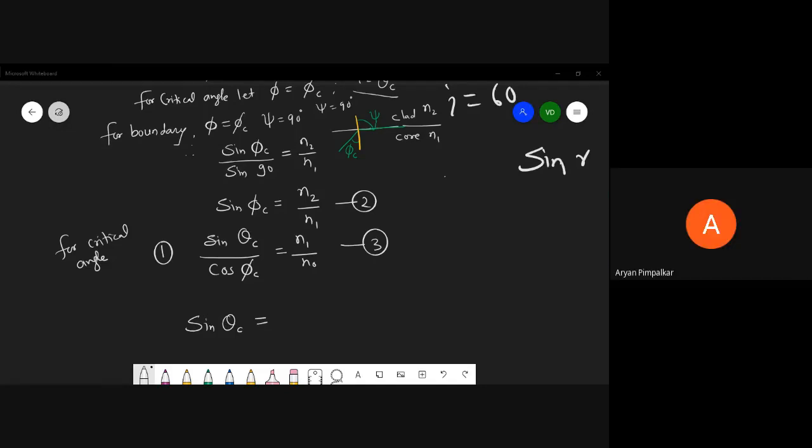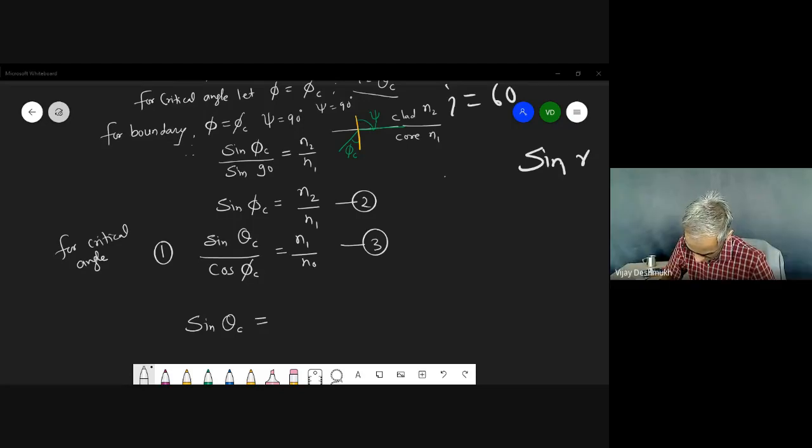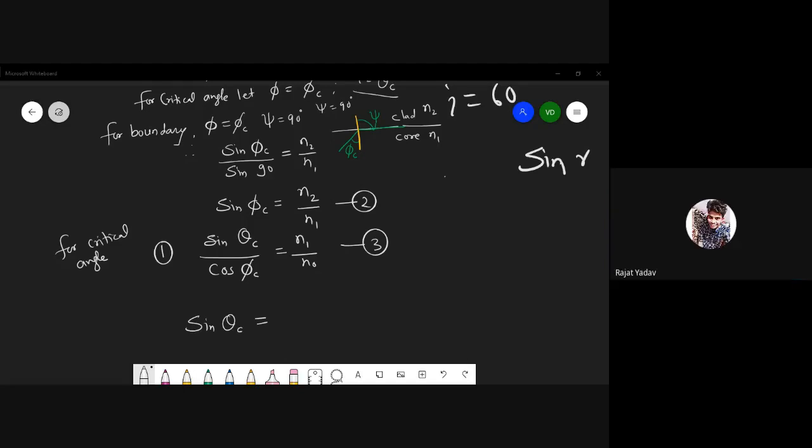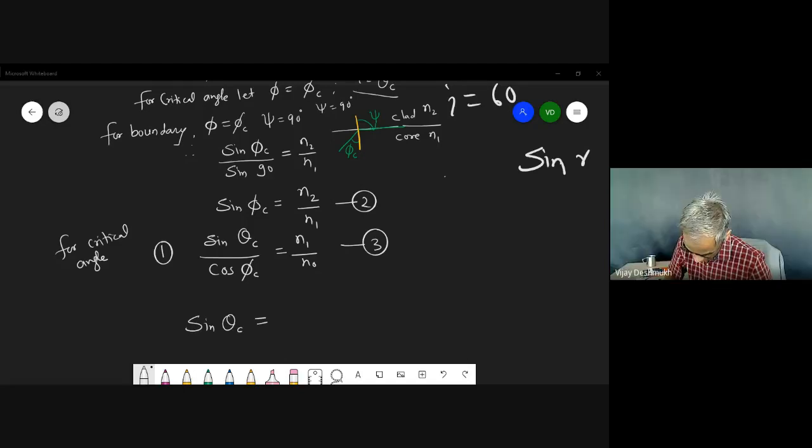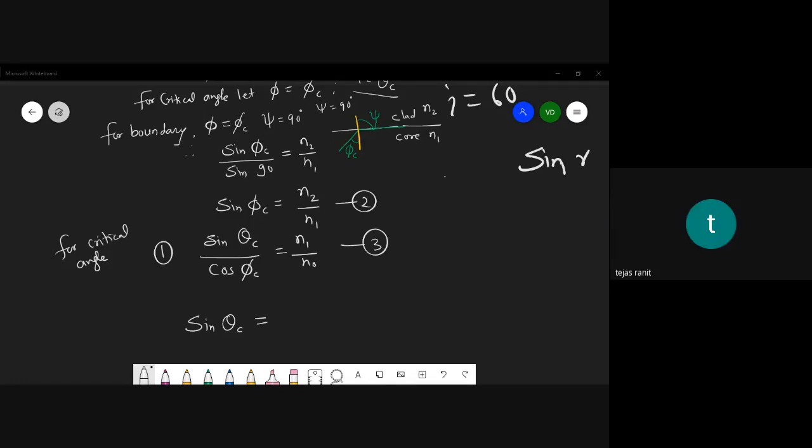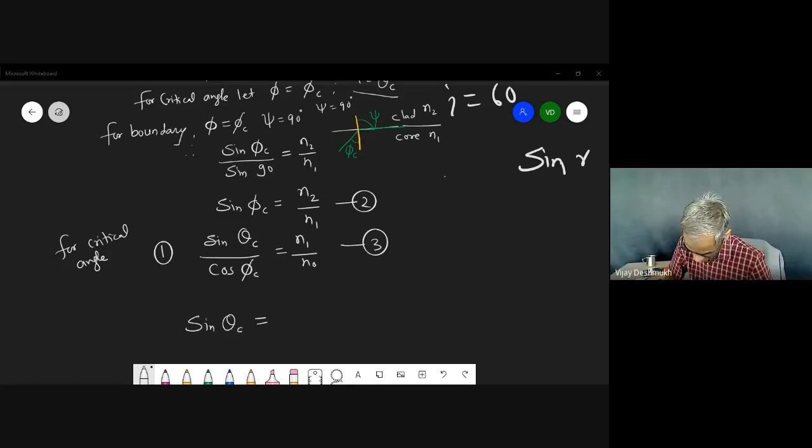Present, sir. 25 Prasad Kubde. 26 Rajat Yadav. Present, sir. 27 Tejas Pranit. Present, sir. 28 Om Rao. Yes, sir.